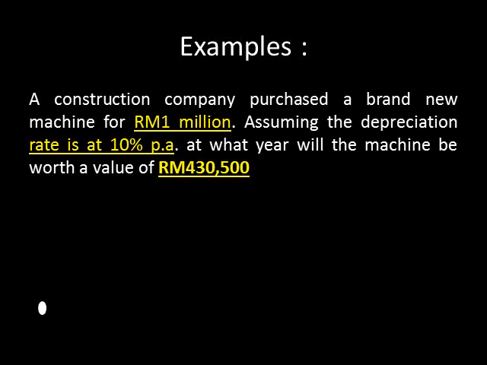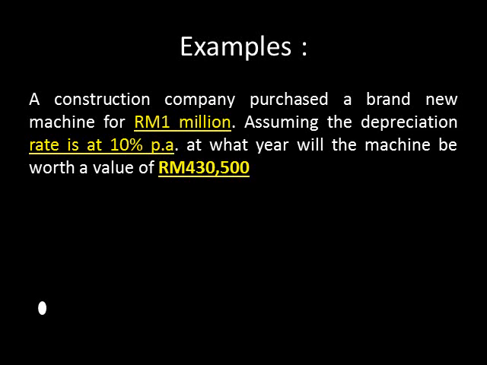Example 2. The same situation, but this one requires you to calculate the year or age of the machine when it reaches a certain value. A construction company purchased a brand new machine for 1 million, assuming the depreciation rate is 10% per annum.